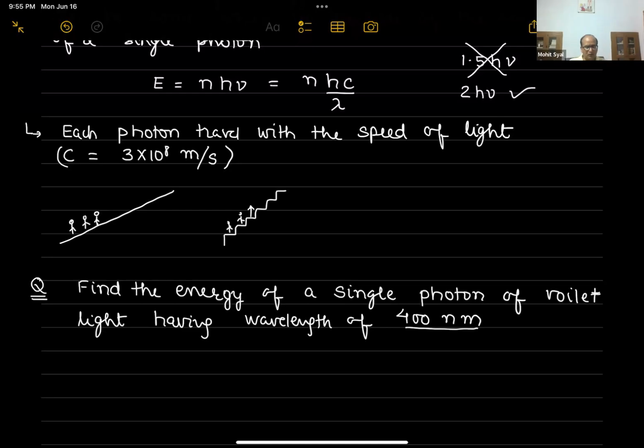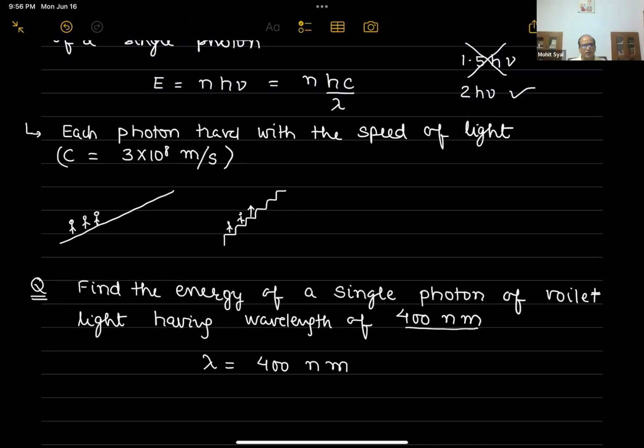So violet light is coming towards me, and its wavelength is 400 nanometer. So basically, this is coming in the form of packets. If I assume it to be coming in the form of small packets, a continuous stream of packets, what is the energy of that one single packet of violet light, or one single photon of that violet light? What is the energy?